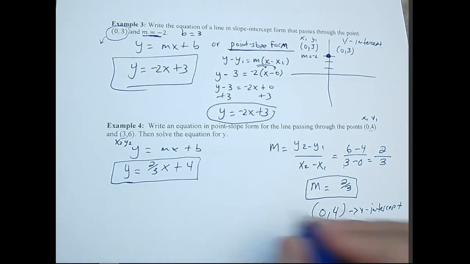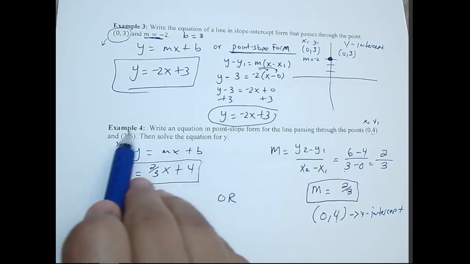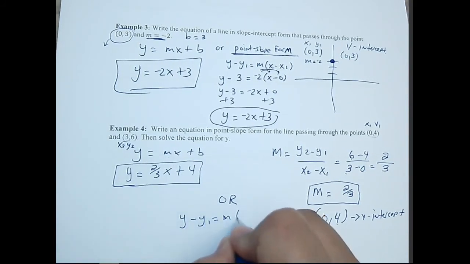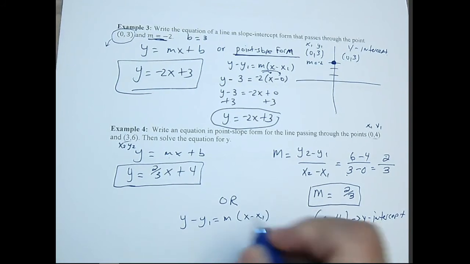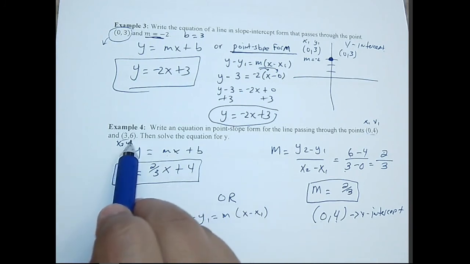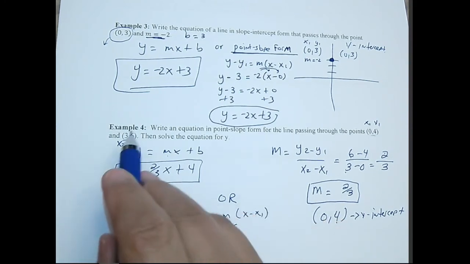Just to show you that it doesn't matter which point you choose, you can still get the same answer. I'm going to use the point-slope form so that we can also practice with that. This time I'm going to have y minus y1. I'm going to use 6 as my y1. My slope is 2/3, and x1 is 3.